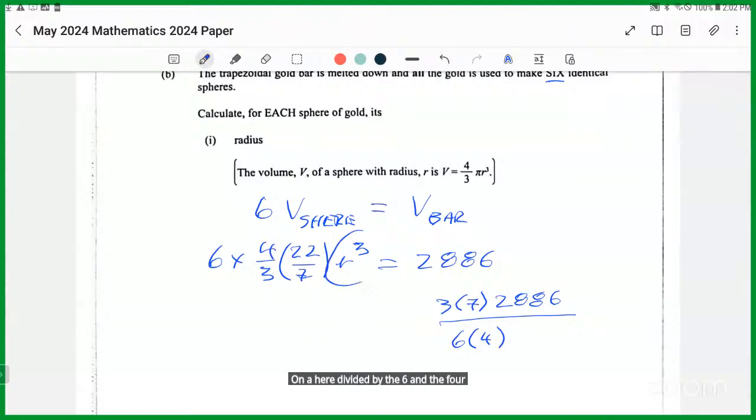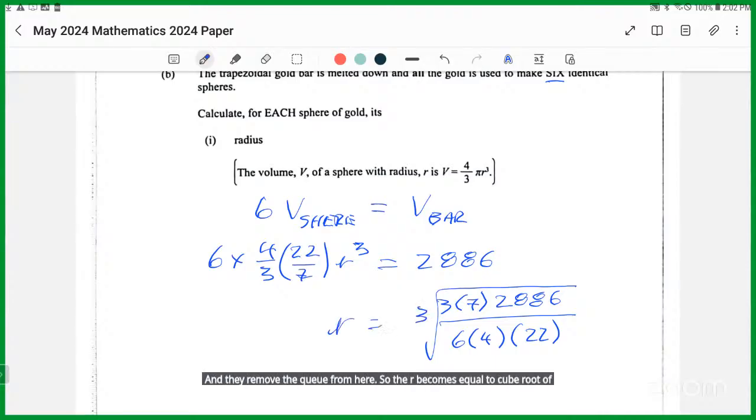That leaves me the r cubed. I need to move the 22 as well. The 22 is coming under here too, times 22. And r cubed equals that. To get rid of the cube, I'm going to cube root this side and remove the cube from here. So the r becomes equal to the cube root of that.